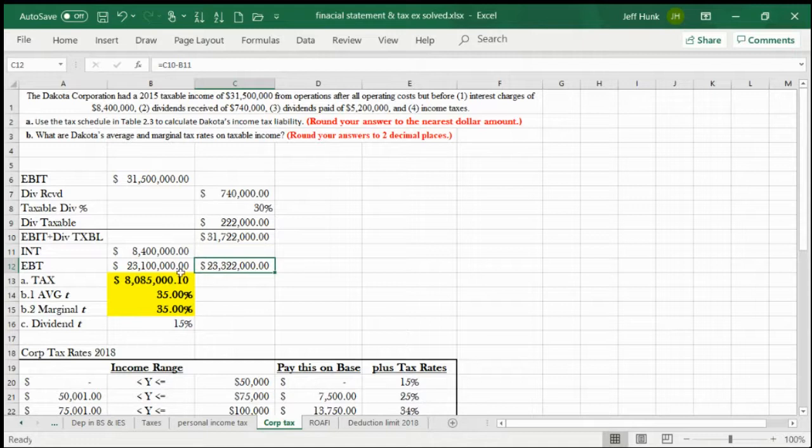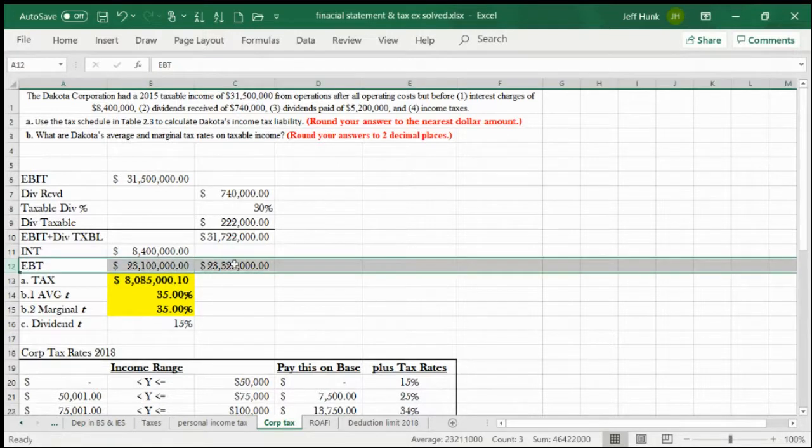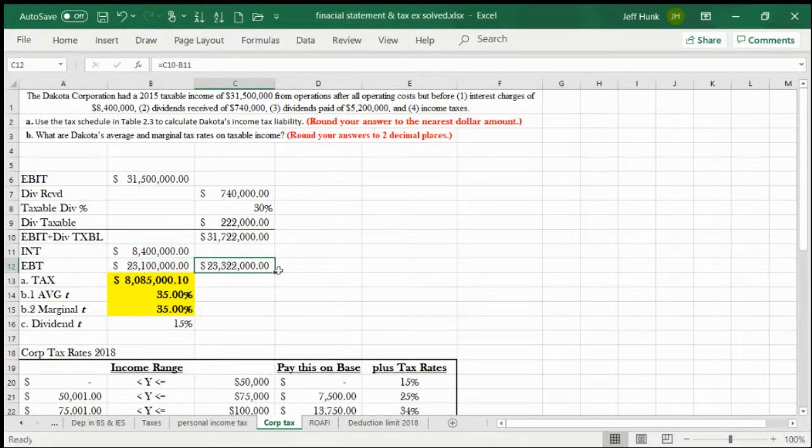So I cannot include it, because this is corporate income, and this is dividend investment income. Corporate income is like earned income of an individual, so I had to separate it. Of course, EBT with taxable dividend is this, and without taxable dividend is this. And so I already have filled in everything.